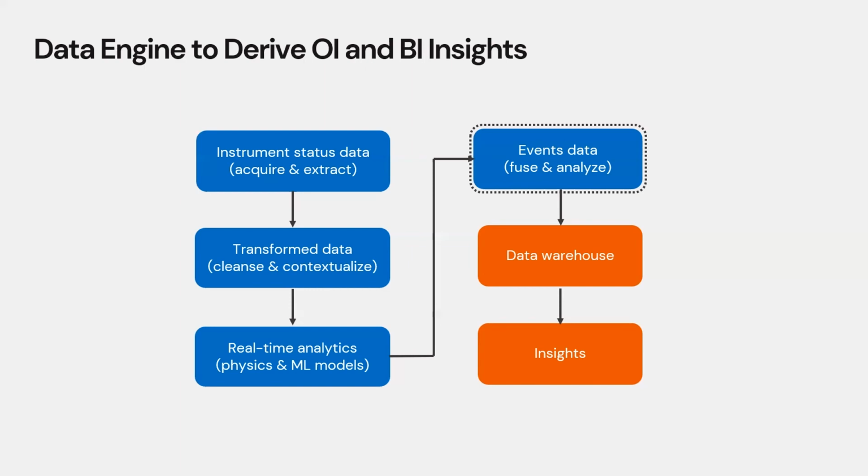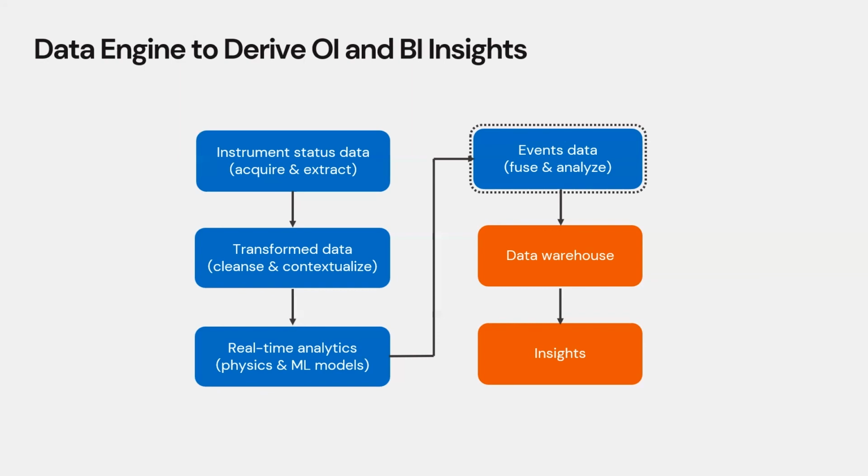Then we would transform the data into a format that's easy to use and also remove errors and redundant properties in that data. Then we can perform real-time analytics on the data set. We would build physics-based and machine learning or AI-based models to process that data, to look for insights, to look for events in the data.